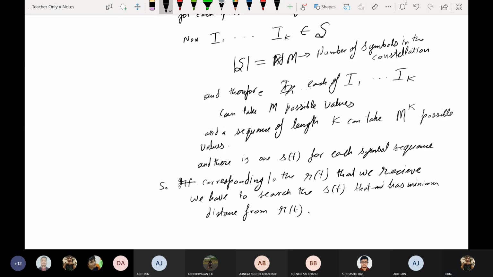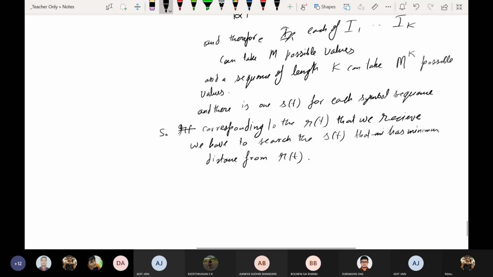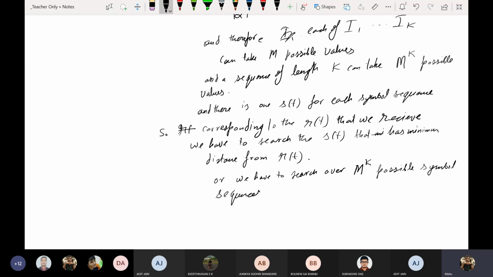Agreed? Or we have to search over M to the power k possible symbol sequences.